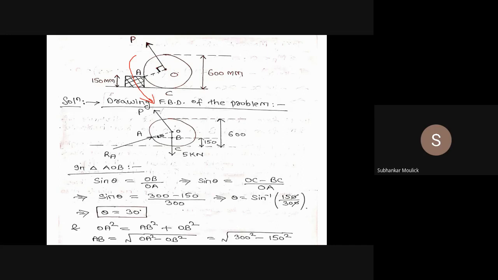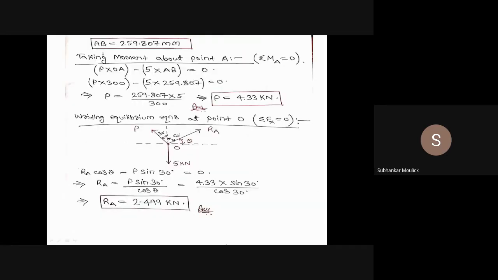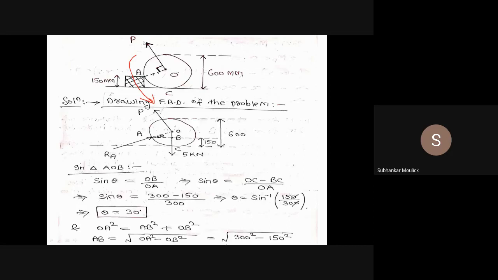Yes or no? Yes, sir. It will try to move the entire body in anti-clockwise direction. So I have taken this anti-clockwise moment positive. That means the clockwise moment I have to take negative. So this is P into OA.